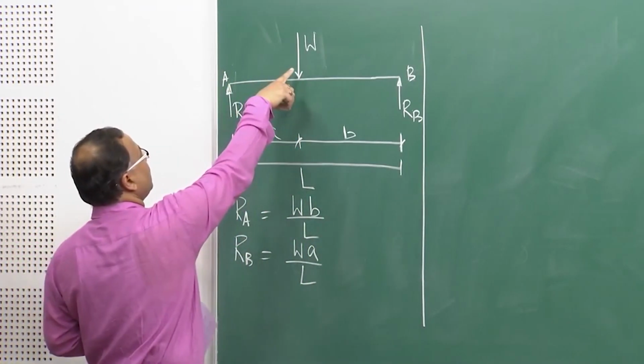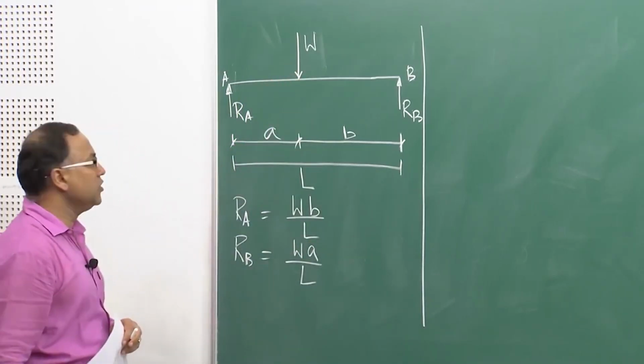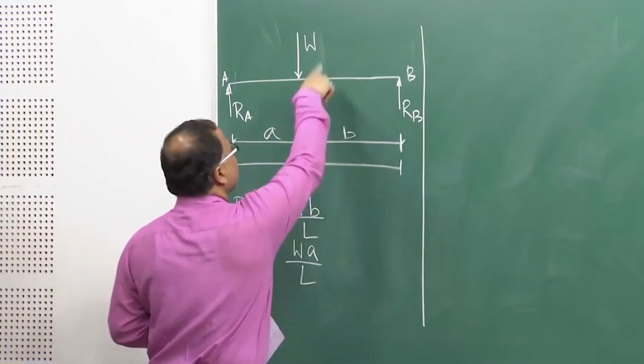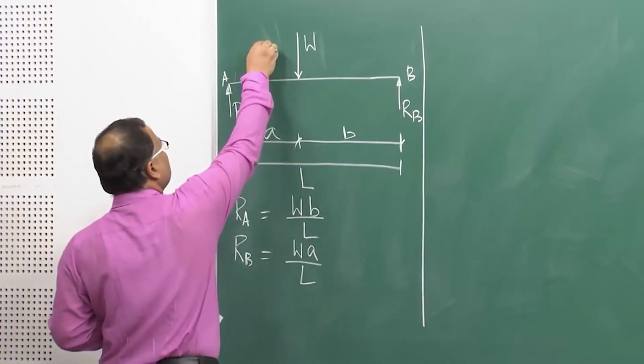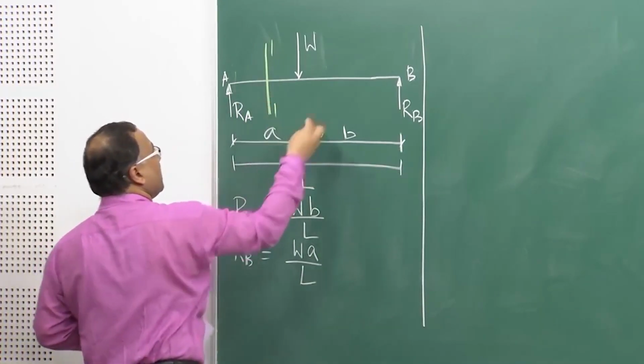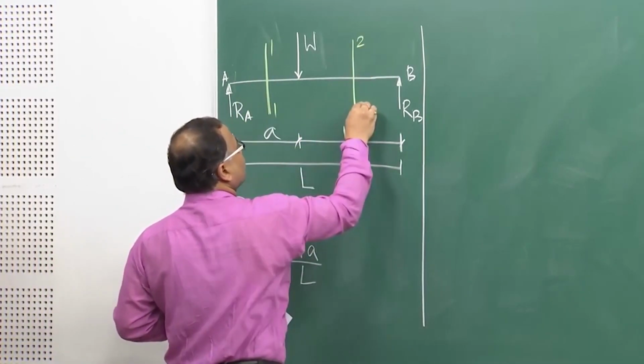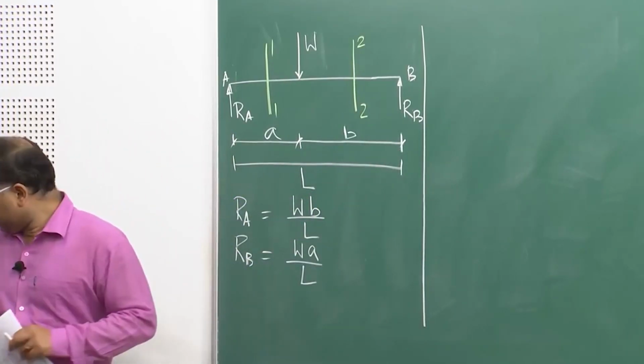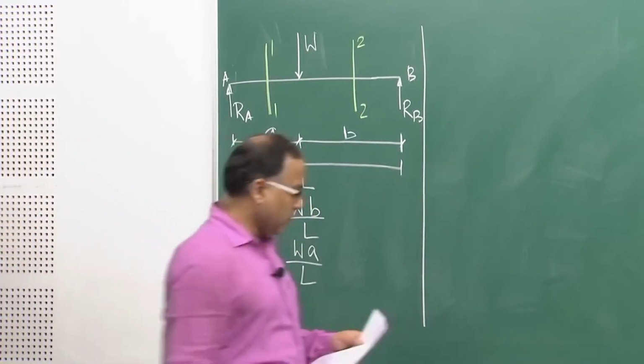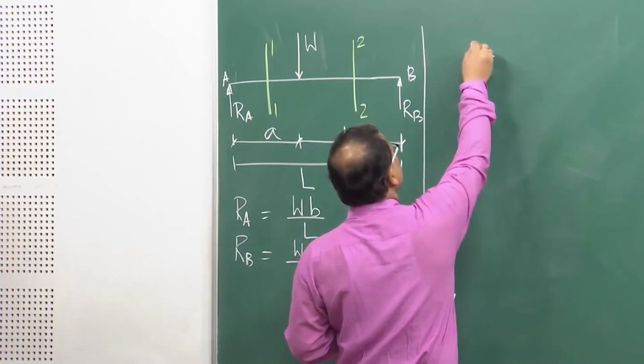From this point to this point there is no variation of load, and from this point to this point there is no variation of load. So, we are taking 2 sections, section 1-1 and section 2-2. Based on that we are going to find the bending moment and shear force.